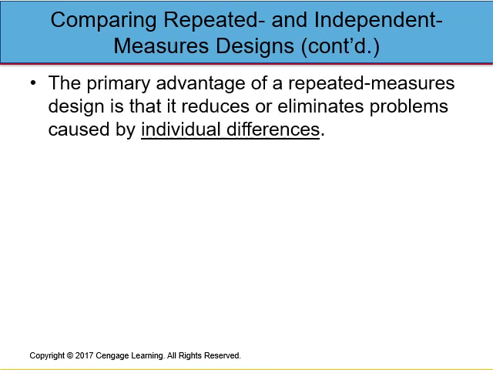The primary advantage of a repeated measures design is that it reduces or eliminates problems caused by individual differences, because the same person is taking before and after, or if you're doing matched subjects, then it will be the same pair matched on some construct.